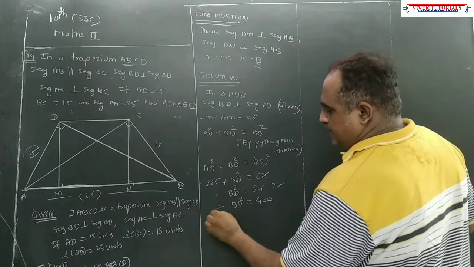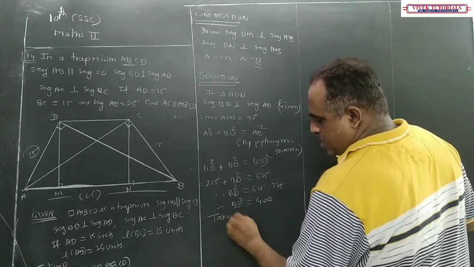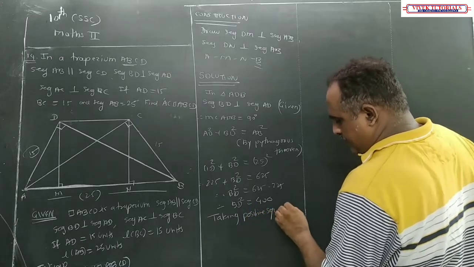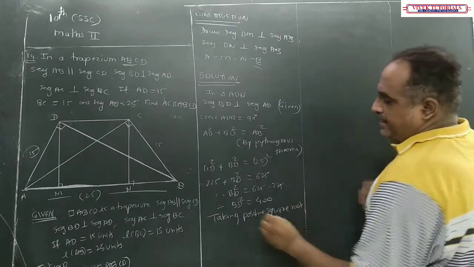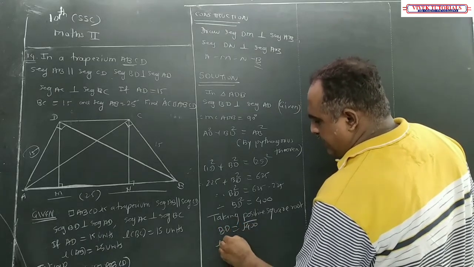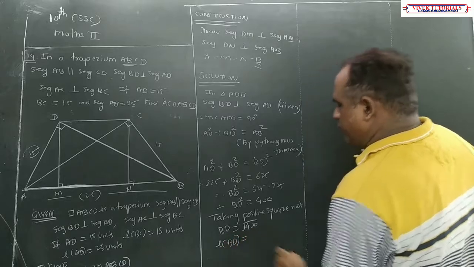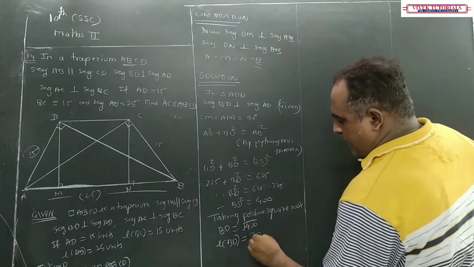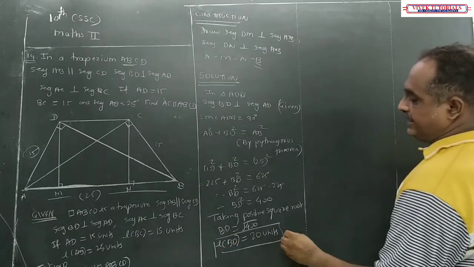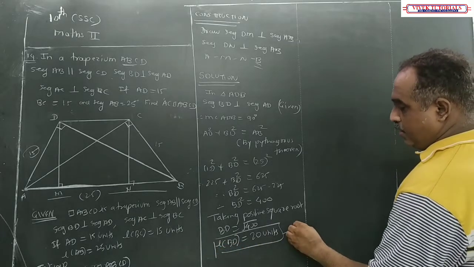Correct? So taking the positive square root, BD is equal to root of 400. Length BD is equal to 20 units. We are going to take this as equation 1.